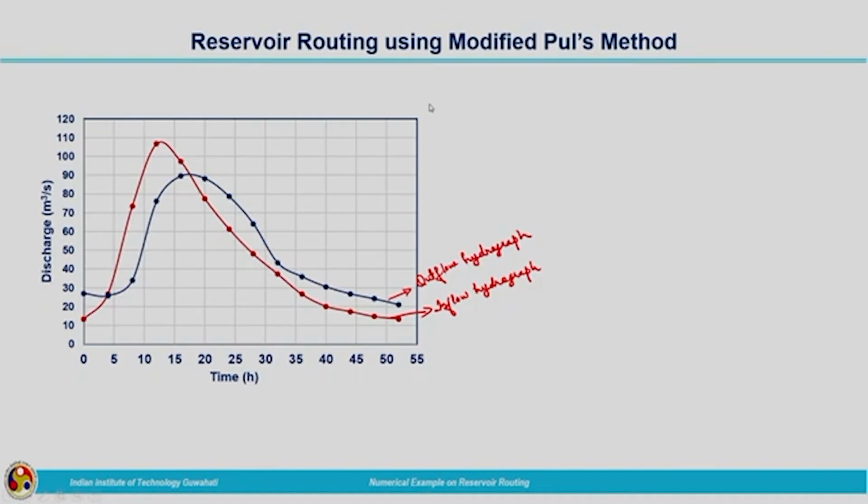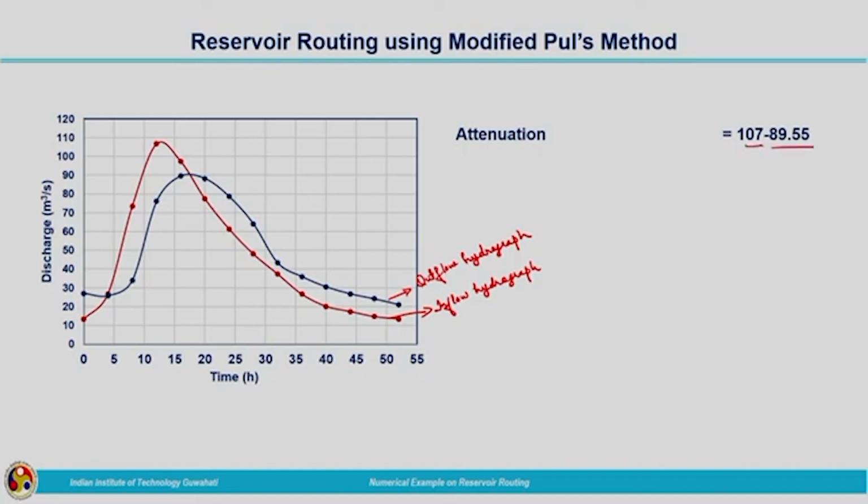While observing the inflow and outflow hydrographs, it is very clear that the peak has reduced. You compare the values of peak of inflow hydrograph and outflow hydrograph that we have seen from the table, and the same thing we can observe from the graphs also. The difference between these peaks will be giving us the attenuation. Attenuation is the reduction in peak.